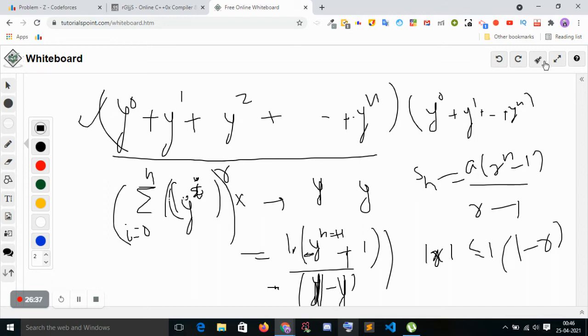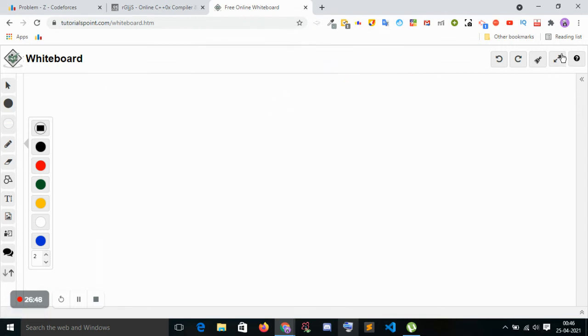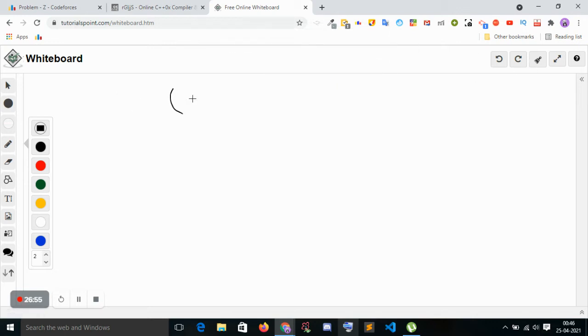Since there are r times, you can write it to the power of r. It will become second time, third time, so r times. So our formula becomes 1 minus y to the power n plus 1, to the power of r, over 1 minus y to the power of r.